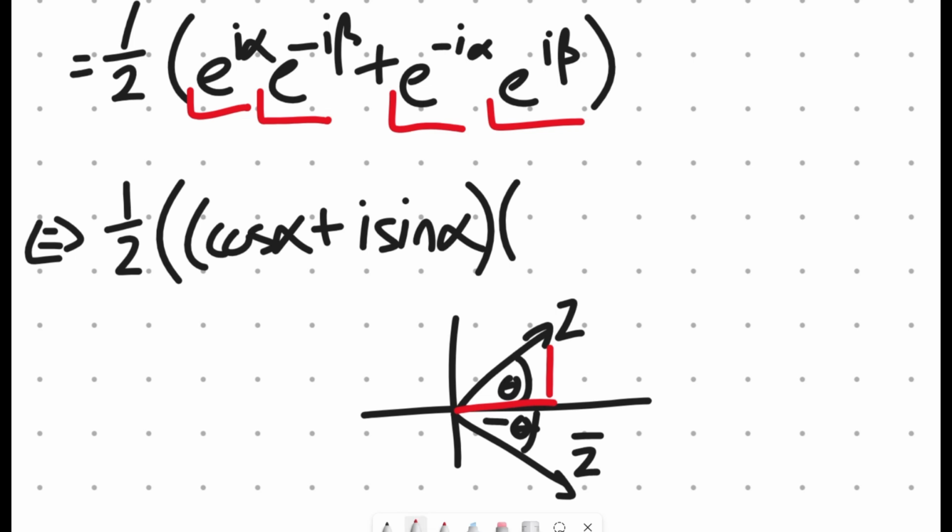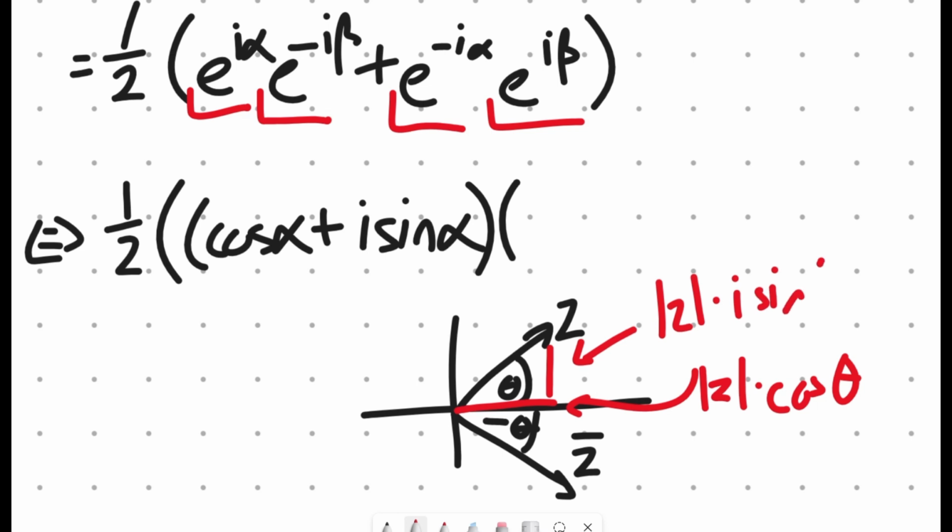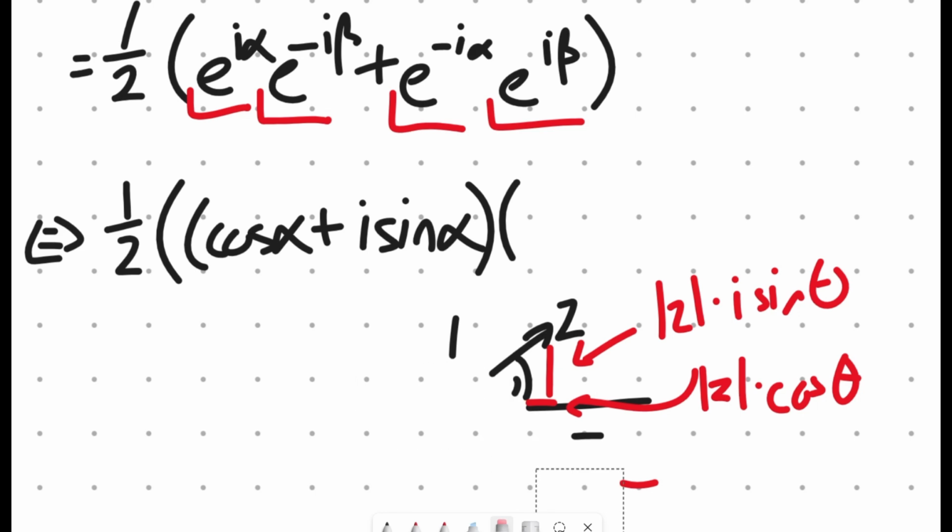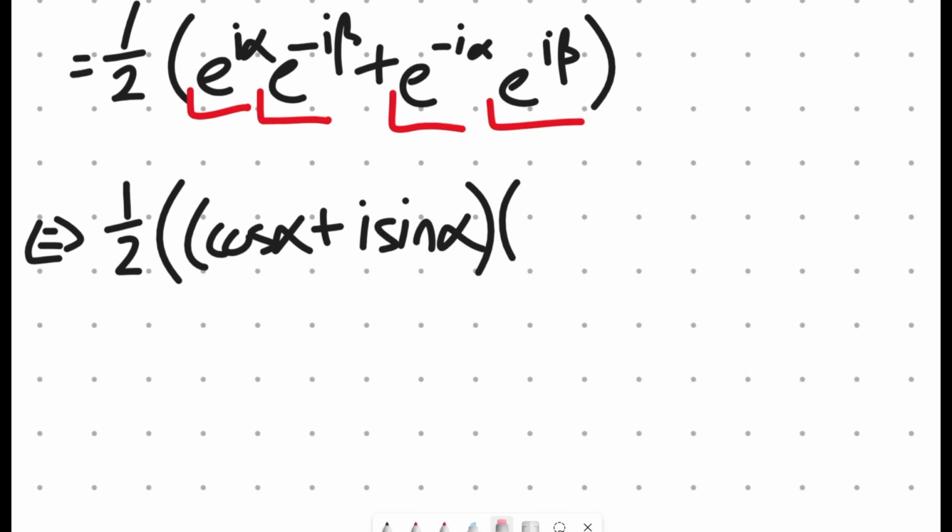If you look at the sides of the triangle created by the vectors, the first side is the absolute value of z times cosine theta, and the second is the absolute value of z times i sine theta.